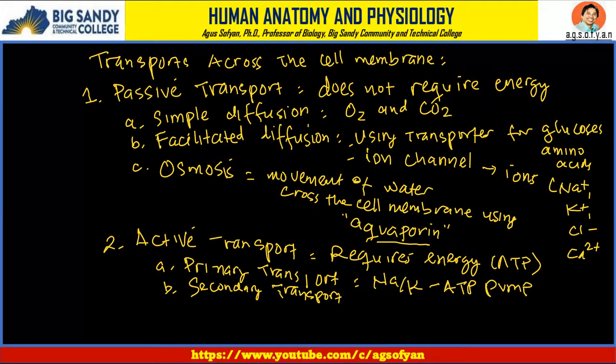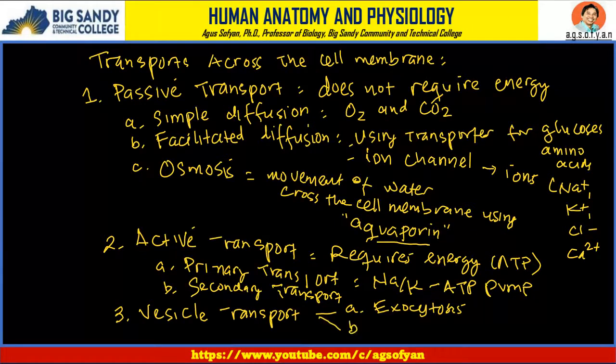The third type of transport is called vesicle transport. And remember, this one consists of two types. If it exits the cell, it's called exocytosis. If it enters the cell, it's called endocytosis.